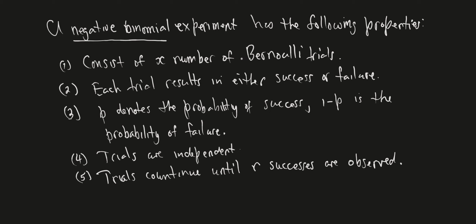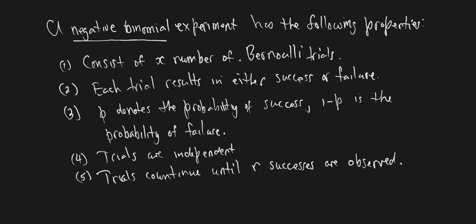So if you think about it, compared to the binomial experiment, let's see what the difference is. In the binomial experiment, the number of trials was predetermined. So that was our n. The n was fixed, and in those n independent Bernoulli trials, we were interested in the number of successes.